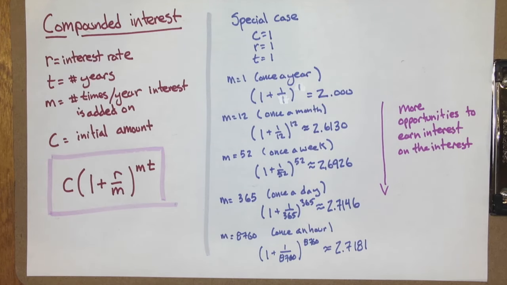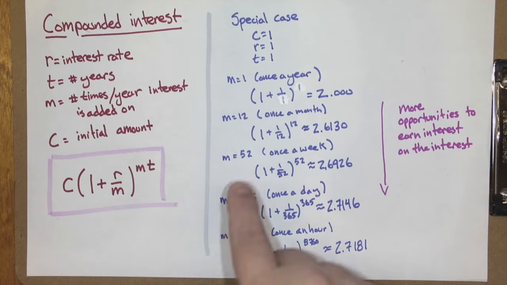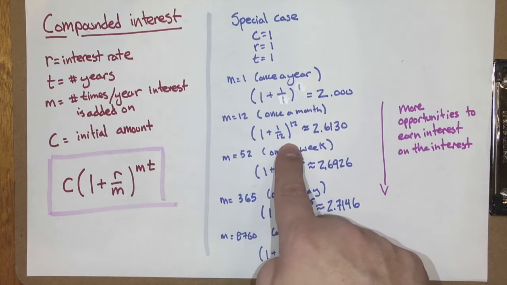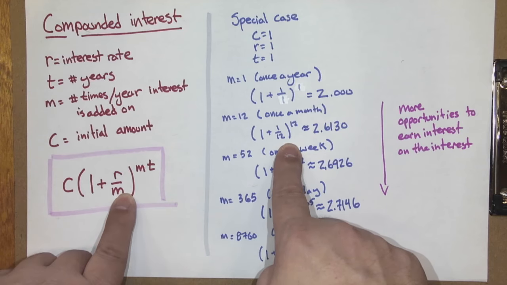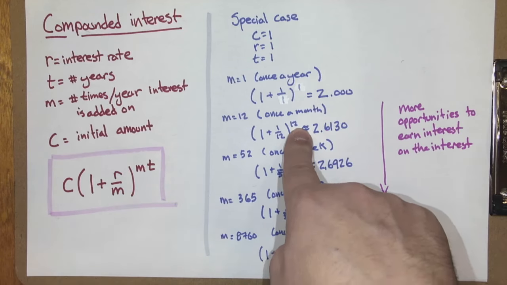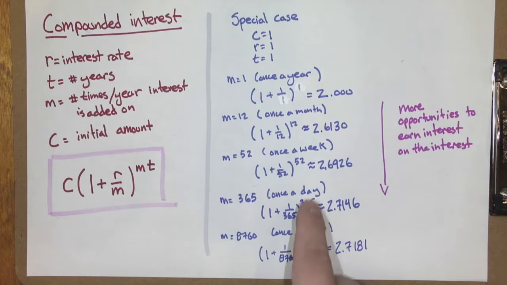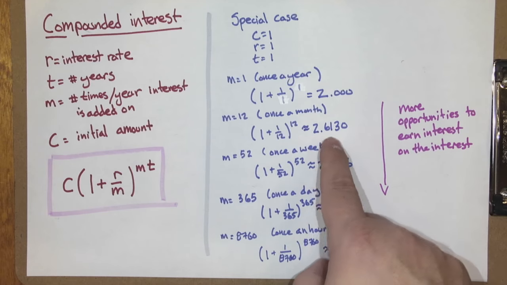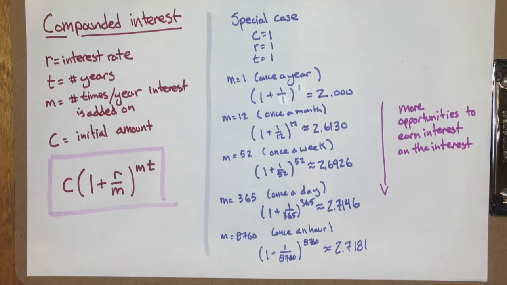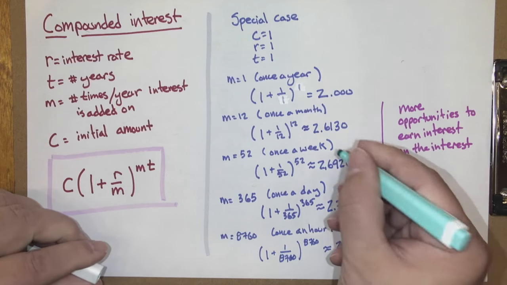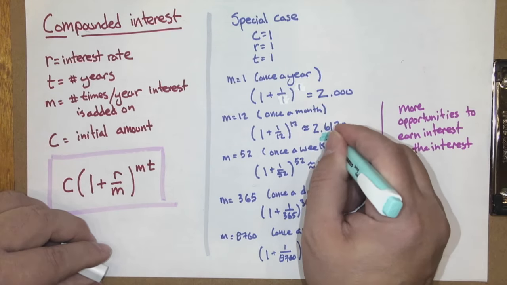But what if I said, no, I want it every month? Well, what happens then? Well, 1 plus 1 over 12, because M equals 12, to the 12, because I have to do it 12 months. Now, all of a sudden, I have $2.61. And you might ask the question, where did this 61 cents come from?